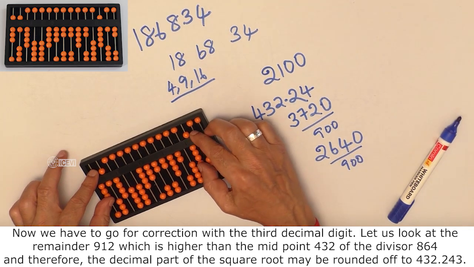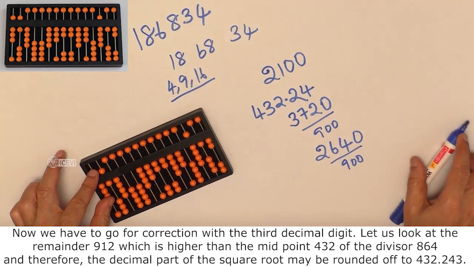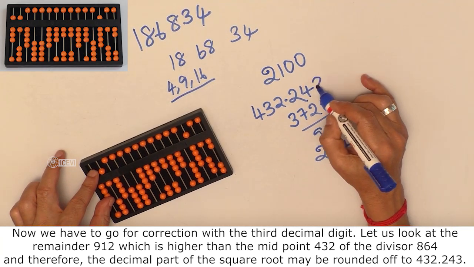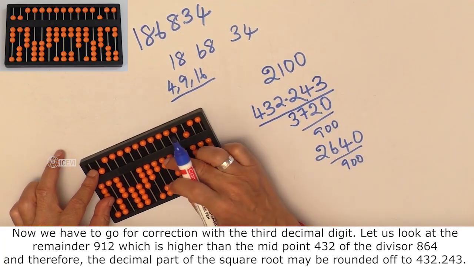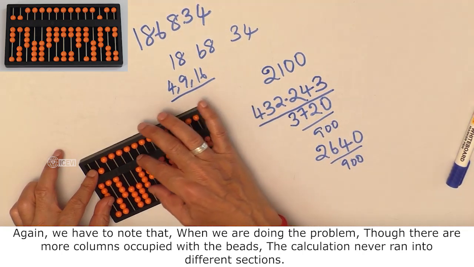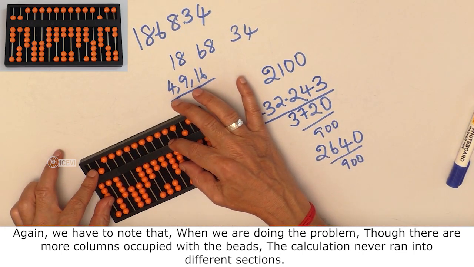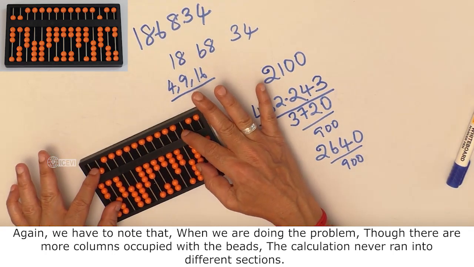Therefore, the decimal part of the square root may be rounded off to 432.243.